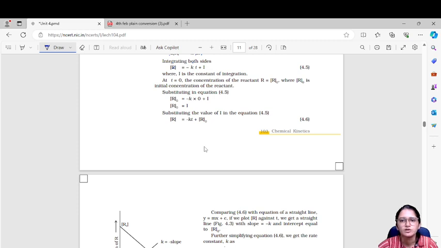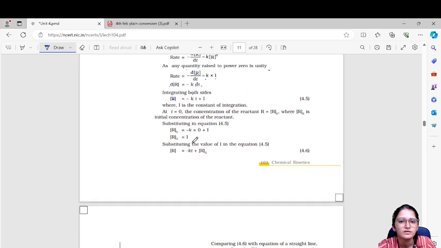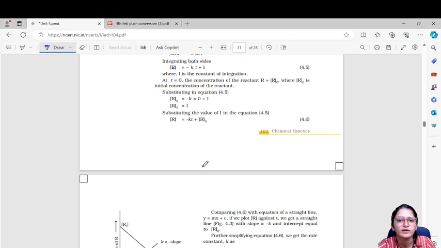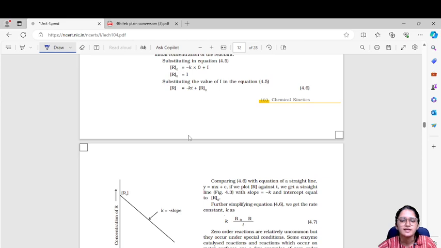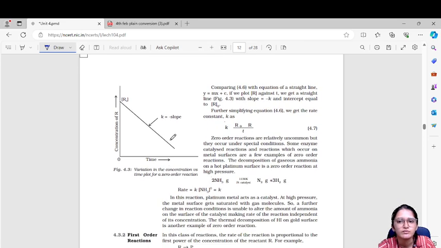So when you substitute the value of I in the equation, okay, what is the value of I? So I is equal to, see this, if I keep I on this side and take kt on the other side, then it will be kt minus R naught. Okay, so R will be equal to minus kt plus R naught, and when we compare with the equation of a straight line, that is y is equal to mx plus c, if we plot R against t, we get a straight line this way.